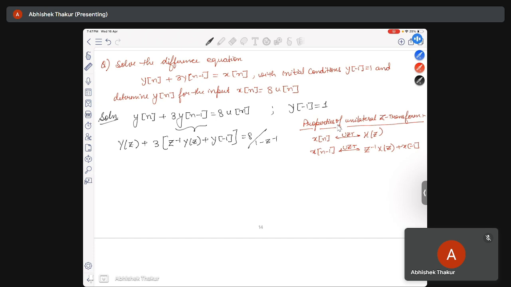Okay, so we have taken the Z transform on both sides. Now we'll take Y(z) common. So we'll get 1 plus 3 z inverse times Y(z) plus 3 into 1 is equal to 8 by 1 minus z inverse.